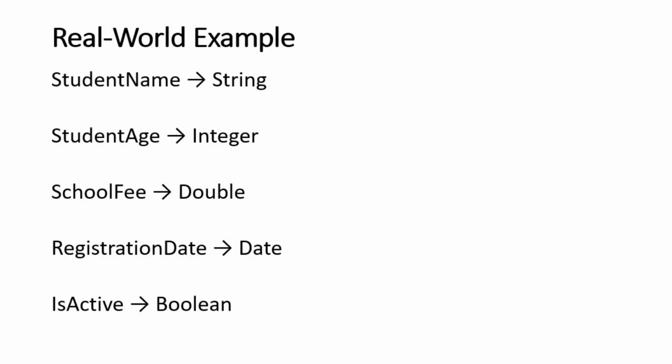Let's take a look at a real-world example from Rafina Systems. Let's imagine we are building Rafina School Manager. We would use the following declarations. Dim studentName as String, Dim studentAge as Integer, Dim schoolFees as Double, Dim registrationDate as Date, Dim isActive as Boolean.